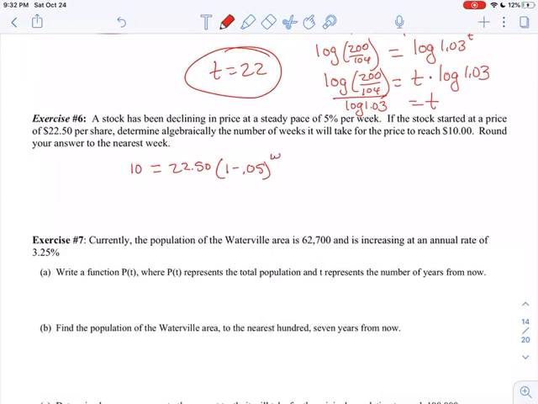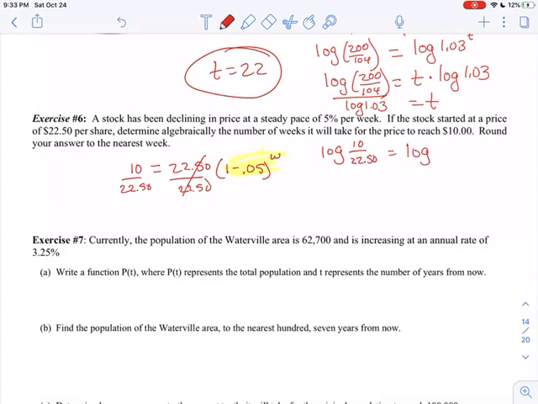All right, so 10, because that's the price that I'm going to reach. It's starting at $22.50. That's my P. 1 minus 0.05 because it's decreasing, and I'm solving for W. All right, so I need to isolate this exponential. I want to isolate this right here. So I have to get rid of the 22.50 by dividing it.